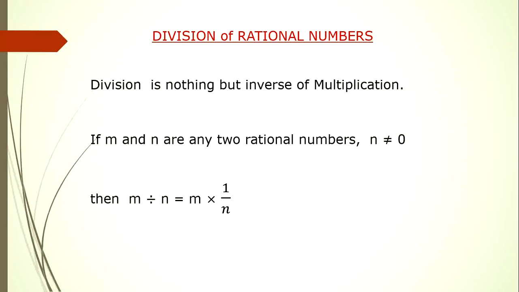We have normally dividend divided by divisor, which gives us a quotient. So here m is the dividend, n is a divisor. So we need to multiply with the multiplicative inverse of divisor. So m divided by n is always equal to m into 1 by n.